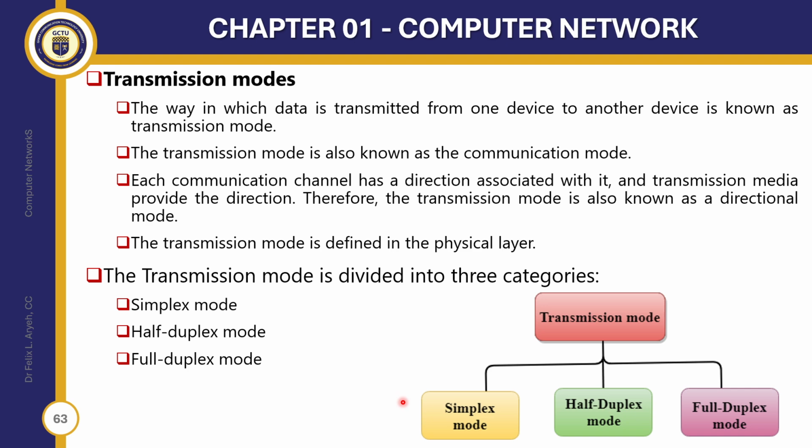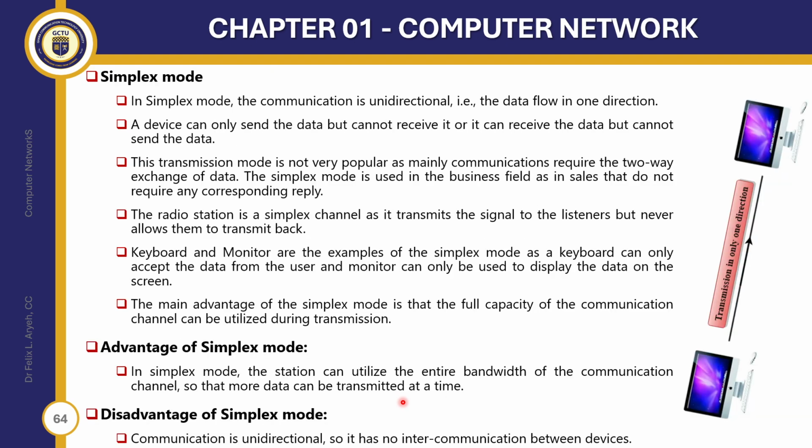When you hear of the simplex mode, in fact, it's just like sending data in just one direction. So in the simplex mode, communication is unidirectional. The data flows in just one direction. An example is, for instance, when you tune your TV to the TV3 station, data is received directly from TV3.